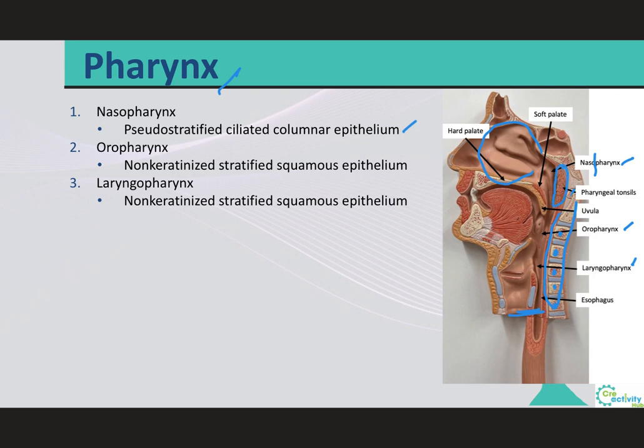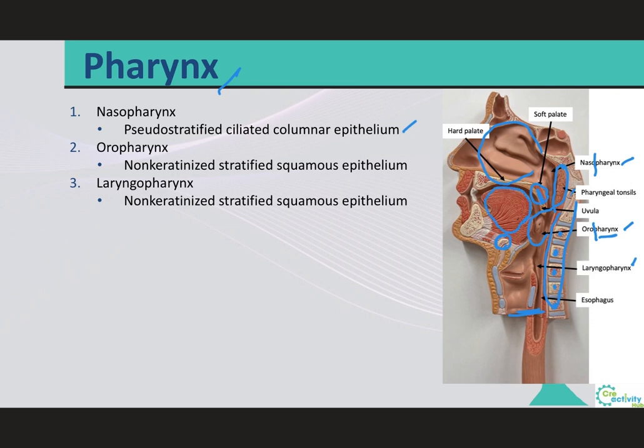Next, we have the oropharynx, which, like the name says, oral for oral cavity, and this will extend between the soft palate and the base of the tongue at the level of the hyoid bone. So here is your hyoid bone. This portion right over here is the soft palate, and this is your tongue.